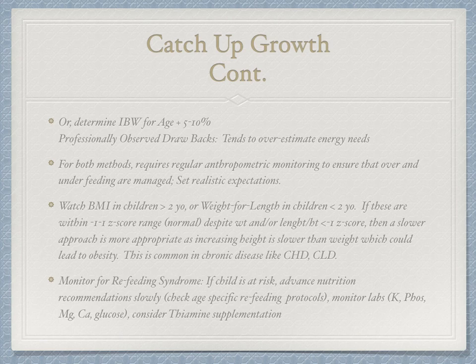It's increasing at a much slower rate. So what you end up with is a child that has a weight for length or a BMI well above the z-scores you would like to see for that, and basically you've made a square. That's what we like to refer to as a short, boxy, little obese person that we've created from overfeeding.